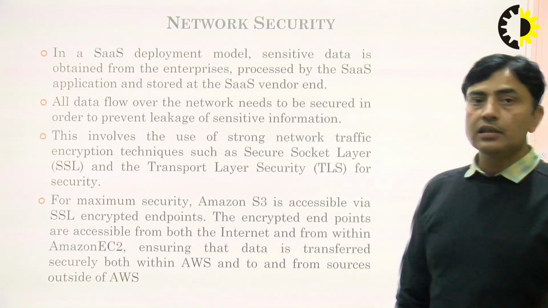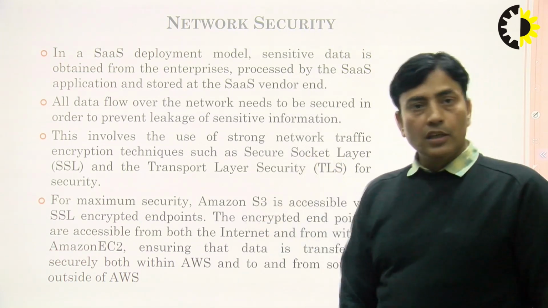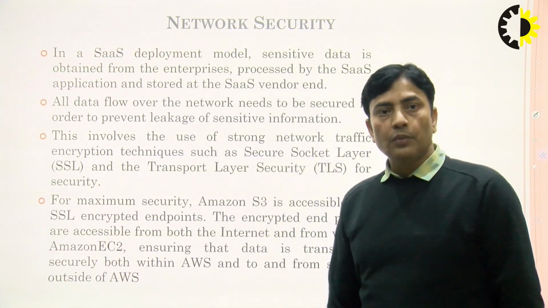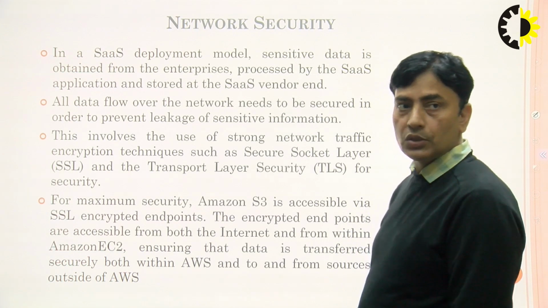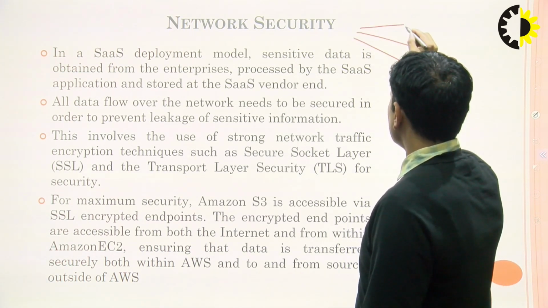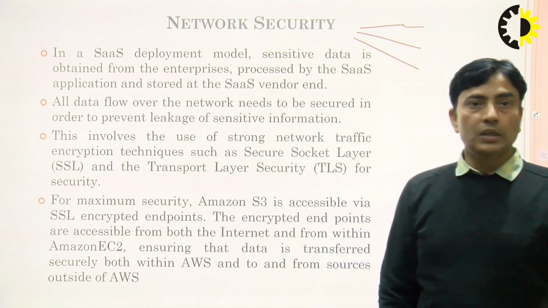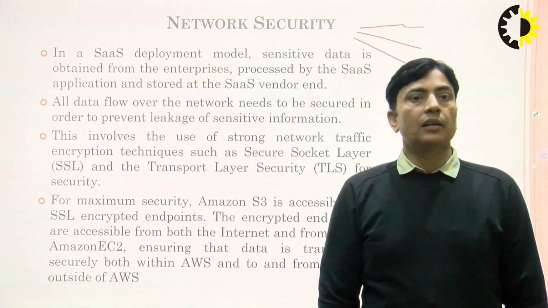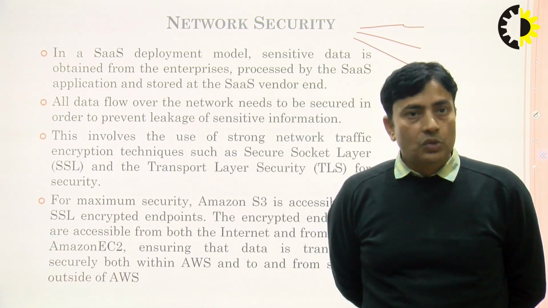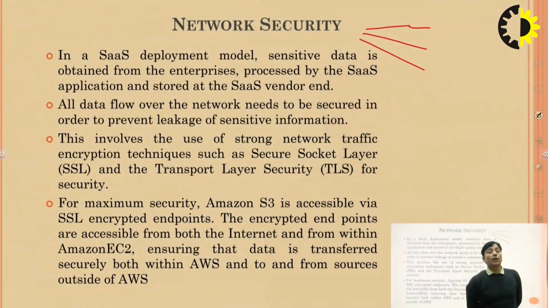Okay. Next, network security. Okay. So whenever you are ensuring SaaS security, you have to be concerned with network security also. So your network should be secure. You have to ensure that nobody can gain access to your local network, or no illegal user can access your system.